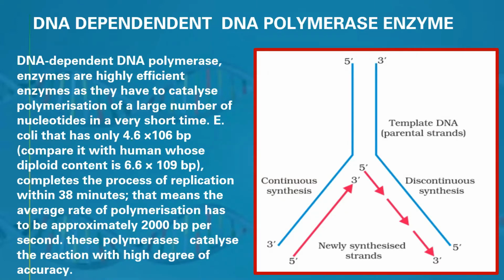And again, when I talk about 5' to 3', it means the newly synthesized strand of the DNA. But this can occur only on one strand, right? So on one strand, this DNA polymerase catalyzes uninterrupted polymerization. On this strand, in this direction, a continuous strand of the DNA is formed.